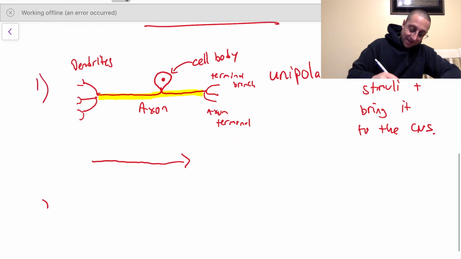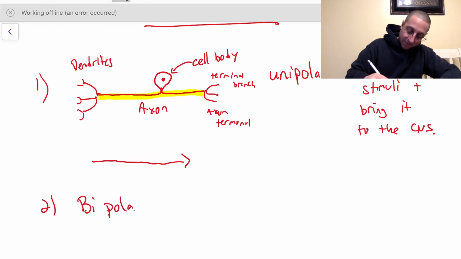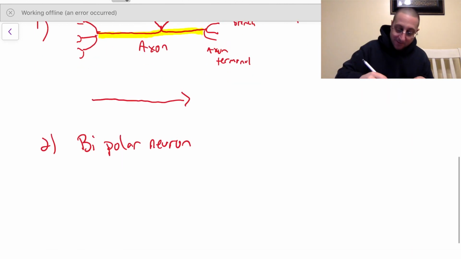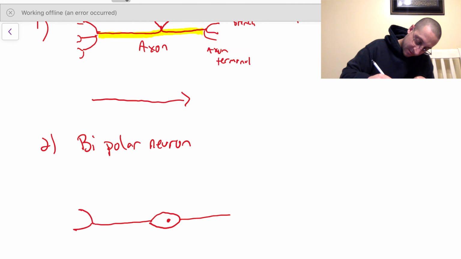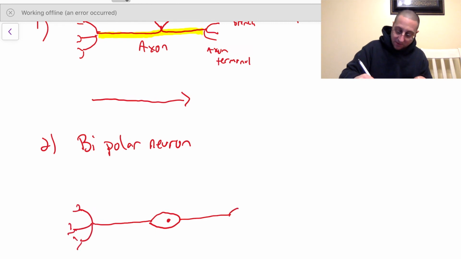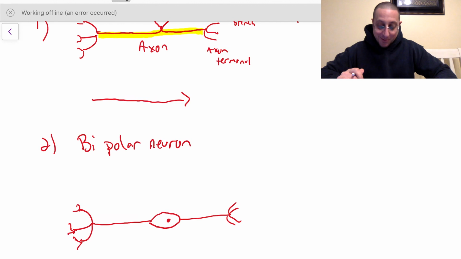That's number one. All right, number two over here. We have a bipolar neuron. And this is going to look like this. Sort of similar to the unipolar.